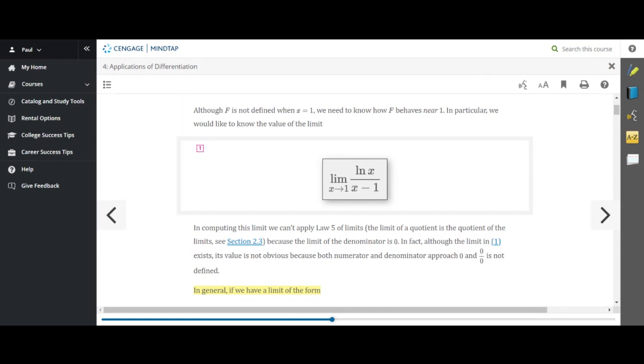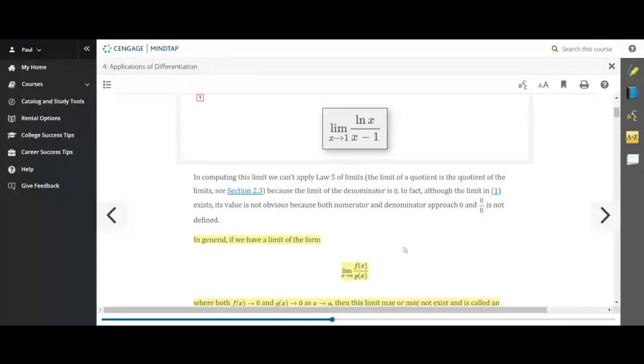So when you compute this limit, you have the top function approaching 0 and the bottom function approaching 0. The log of x approaches 0 as x approaches 1, and the denominator x minus 1 approaches 0 as x approaches 1. And so this is what's called an indeterminate form.